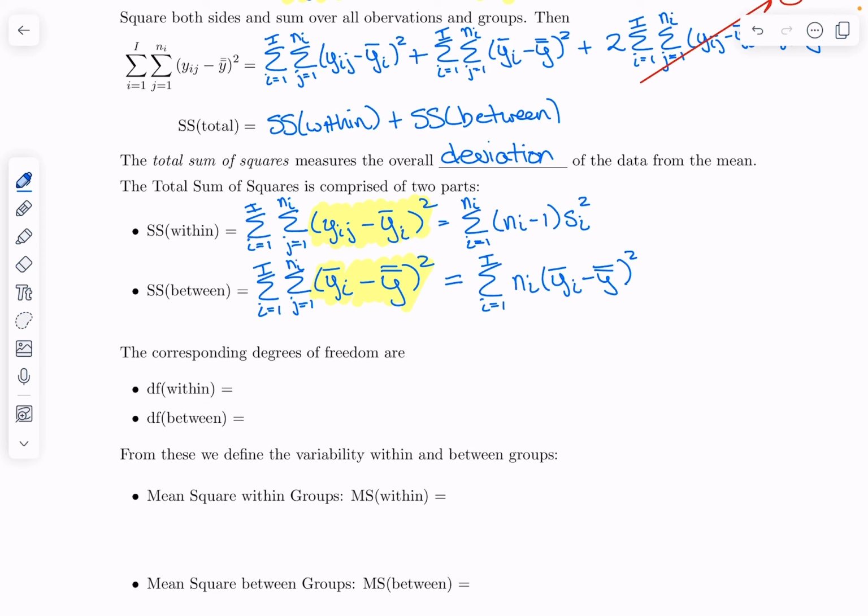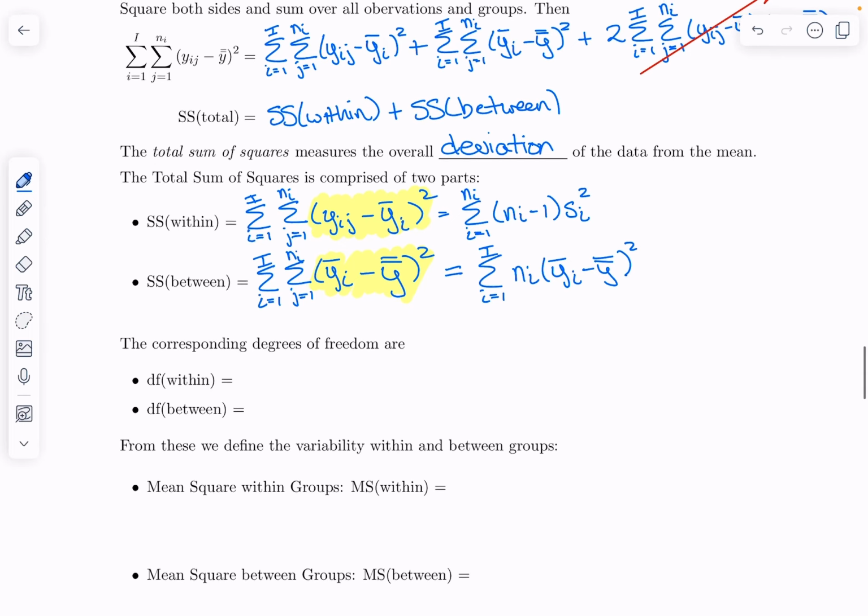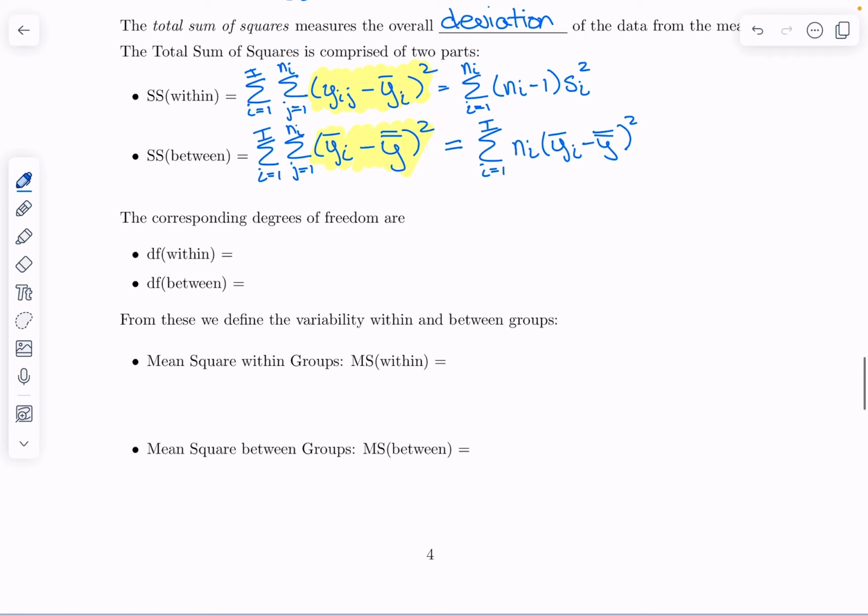Now it turns out that there are degrees of freedom associated with both within each group and between each group. The degrees of freedom within is going to be the total number of points minus the number of groups. If you think about it, that's essentially adding n1 minus 1, and then n2 minus 1, and then n3 minus 1.